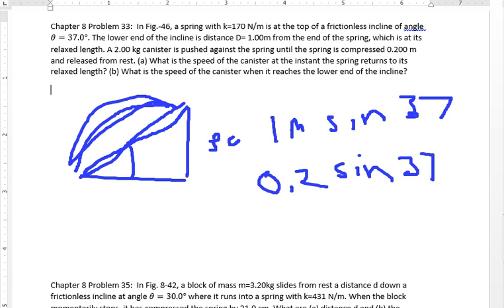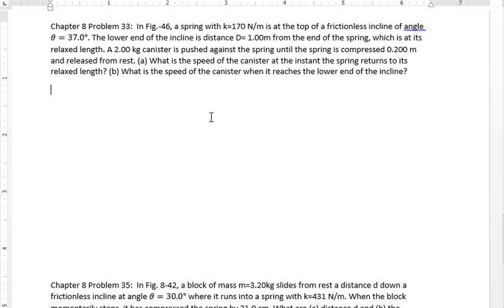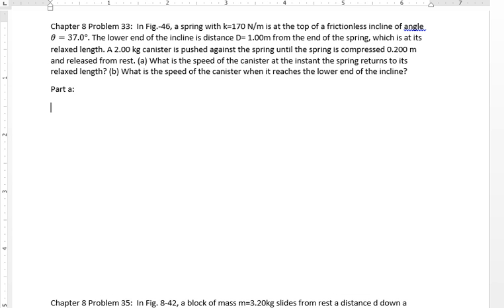So let's look at what all this means. What is the speed of the canister at the instant the spring returns to its relaxed length? We begin this part A by asking what the total stored energy is. First, there's gravitational potential energy. Our height is 1.2 meters times sine of 37 degrees.